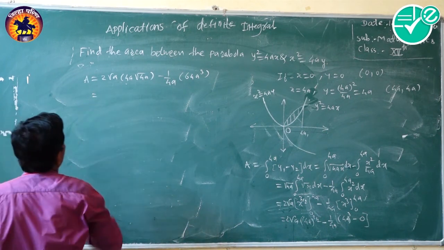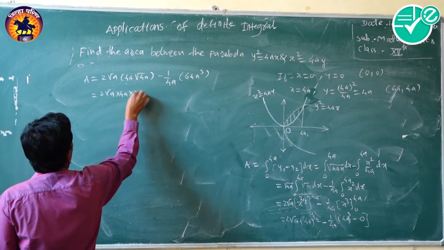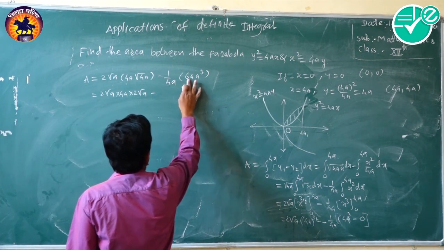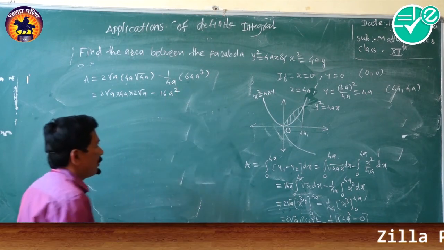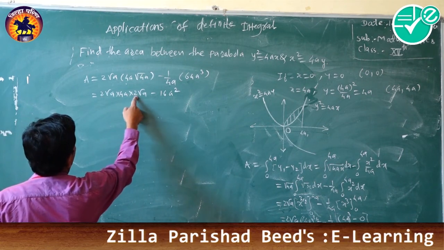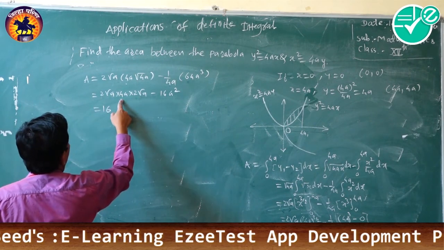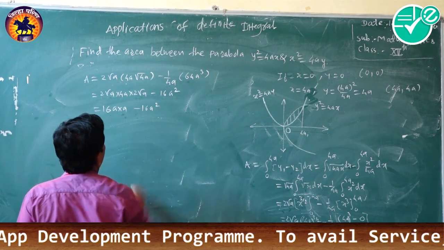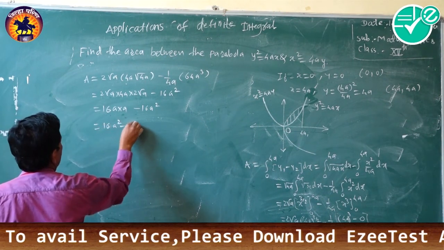This is equals to 2 root a into 4a into 2 root a minus, this 4 and this 16 gets cancelled, that is the 16a square. This 2 into 4, 8 into 2, that is 16, and root a into root a, that is a, so 16a square minus 16a square.